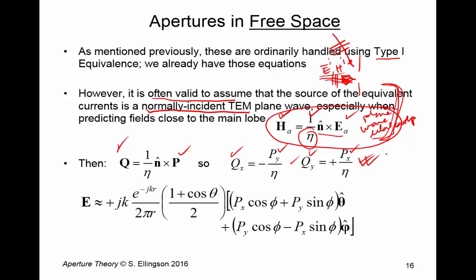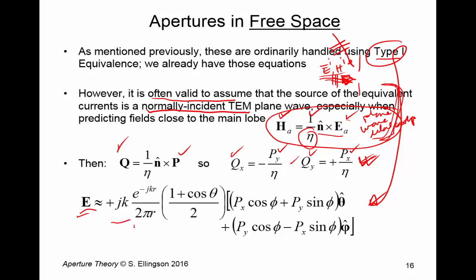Now, if I recognize these relationships, and I include them in the previous expression I came up with, now I find the electric field is well approximated as this new quantity. And this is now type 1, right? Even though you only see magnetic current contributions here, it's type 1. And what happened is the electric currents went away because I've related those two types of currents through the plane wave relationship.